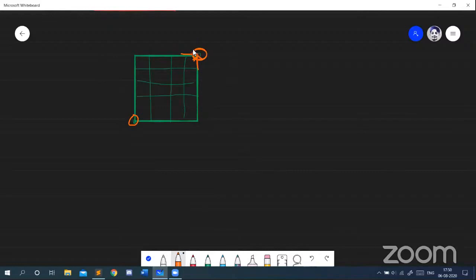And what you can see is that let's say this is vertex 4, 4, and I want to reach vertex n comma n. So let me call f of n comma n the number of ways in which I can reach from 0 comma 0, I'll call this 0 comma 0, to vertex n comma n.